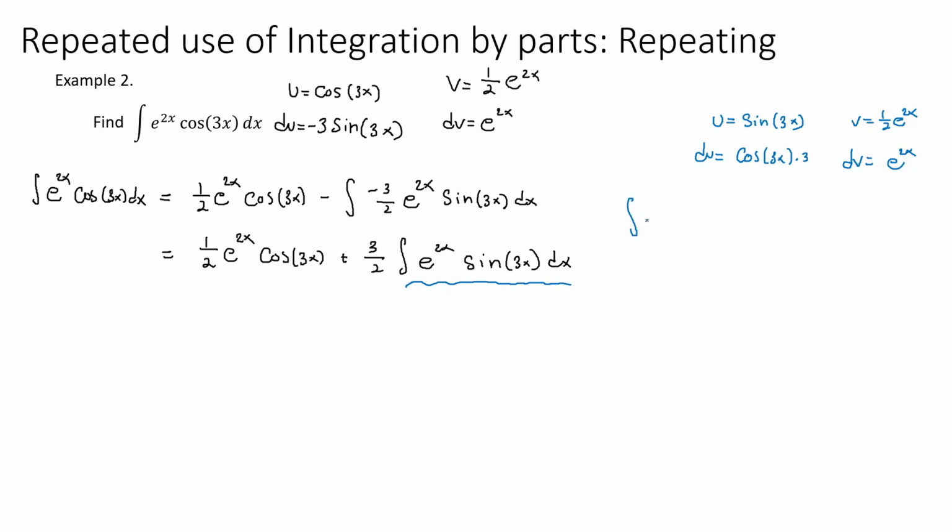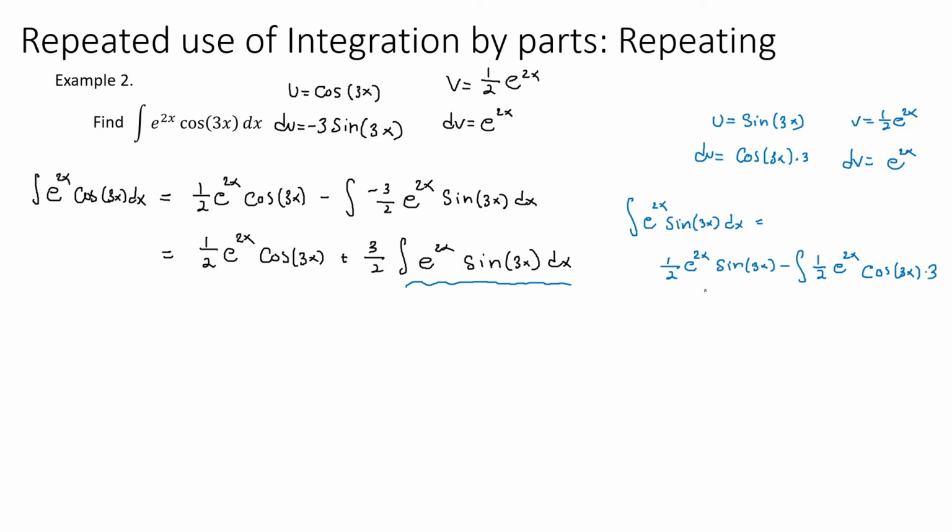So the integral of e to the 2x times sine of 3x will be one half e to the 2x times sine of 3x minus integral of 1/2 e to the 2x times cosine of 3x times 3.